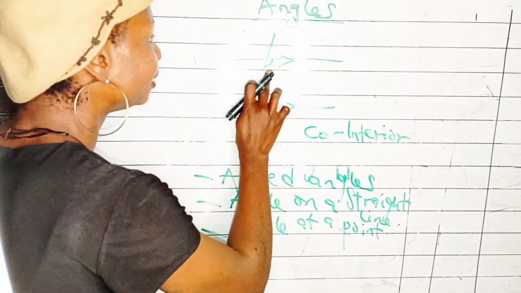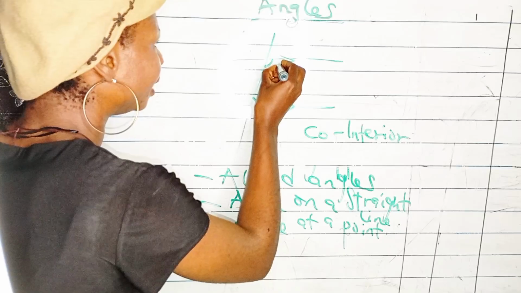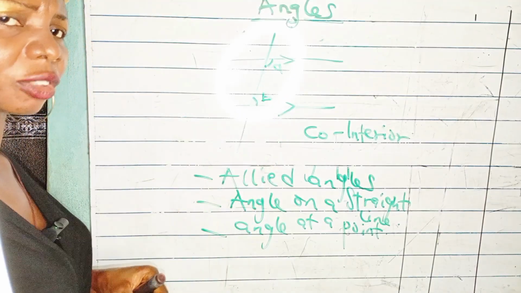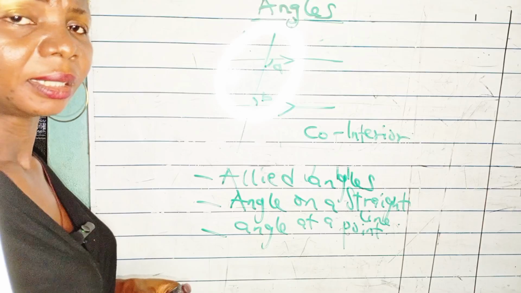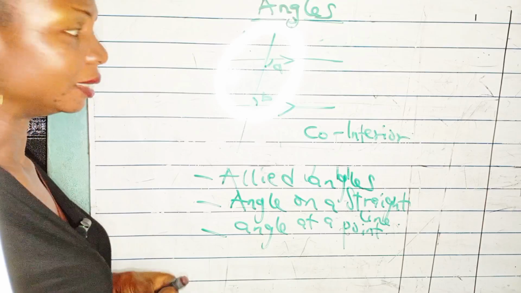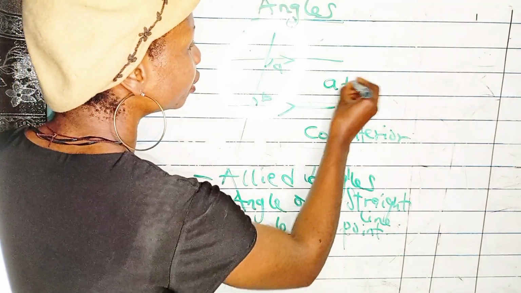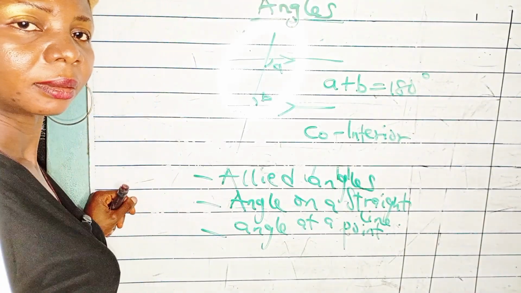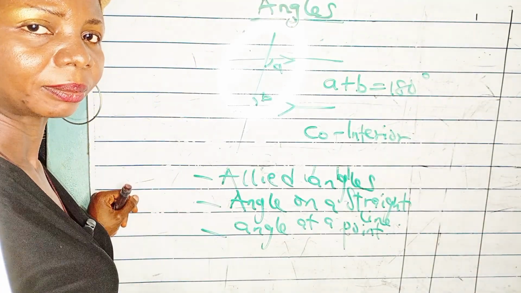If this is A and this is B, co-interior angles are supplementary. When we say supplementary, they add up to 180 degrees. That means A plus B is equal to 180 degrees.